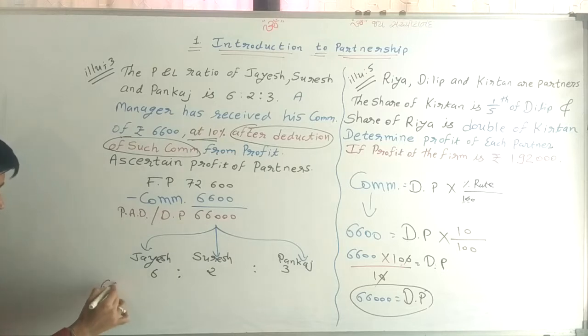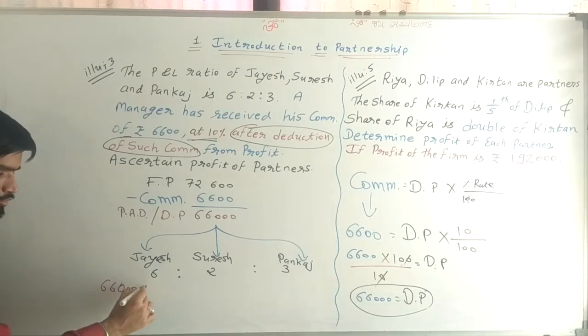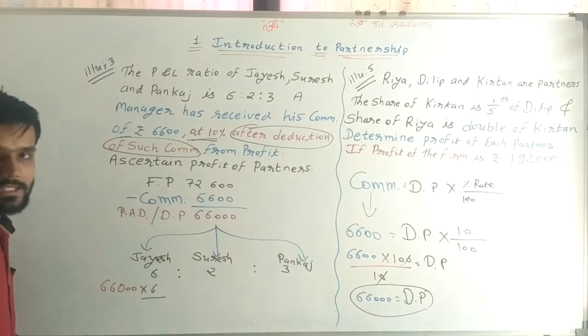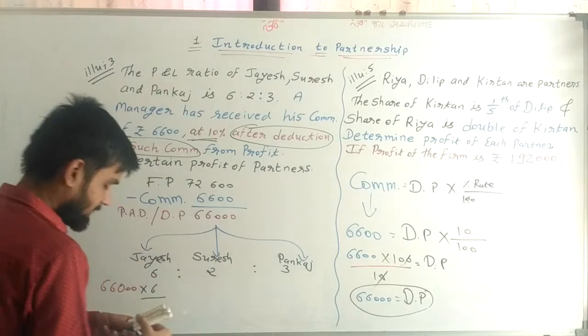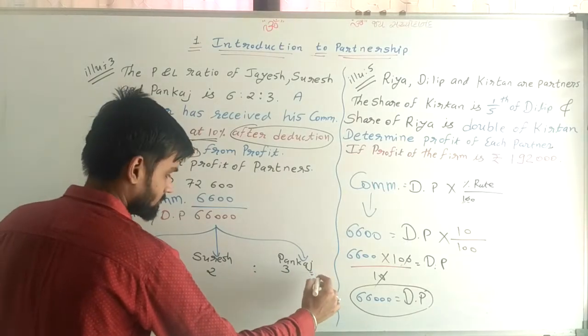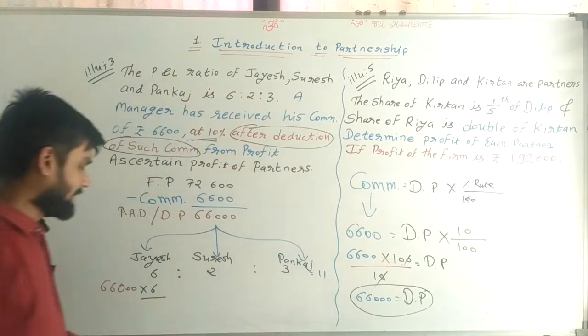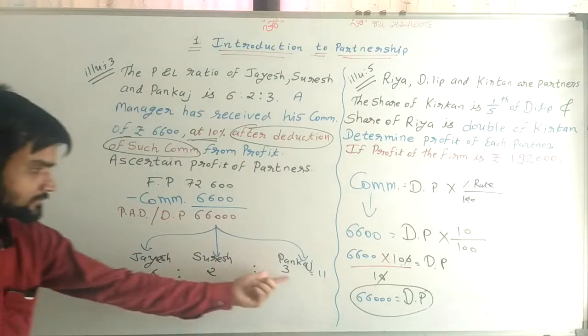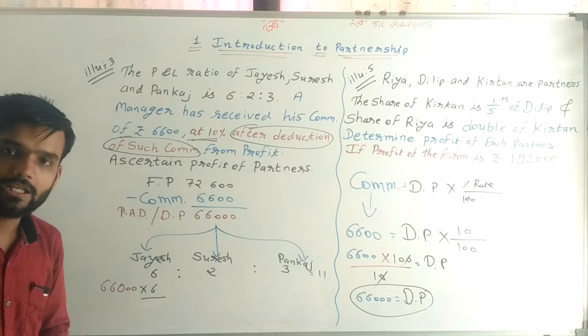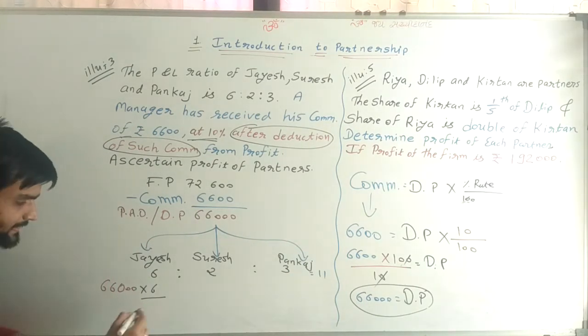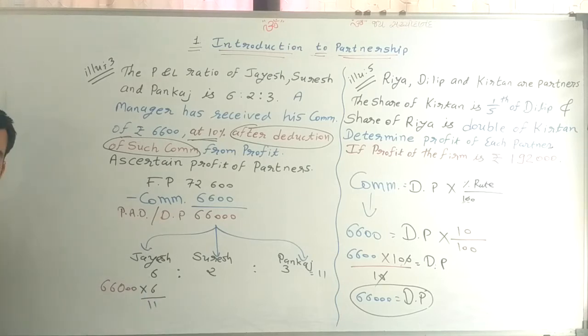So first of all, write down 66,000 into 6, divided by the total of these three. 6 plus 2, 8. 8 plus 3, 11. This is my PNL ratio. So divide by 11.